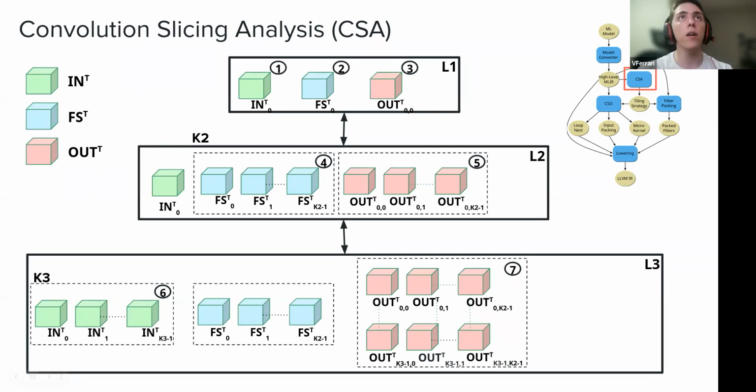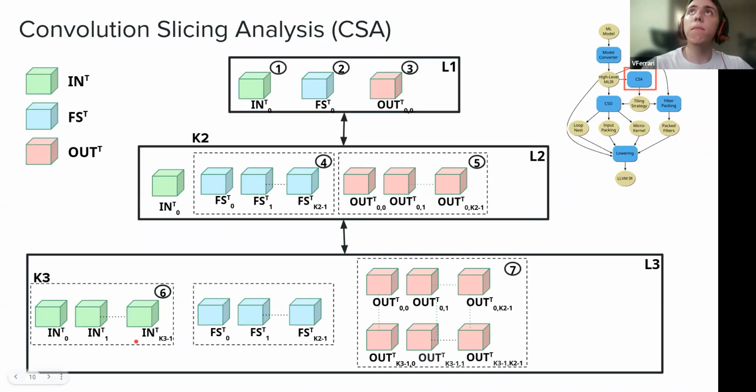So the scheduling is either input stationary or weight stationary, and this depends on which tiles are stored in each cache level. So in this image right here, we have filter tiles in the L2 cache and input tiles in the L3 cache. So let's go with that for now, but it can be the opposite way as well.